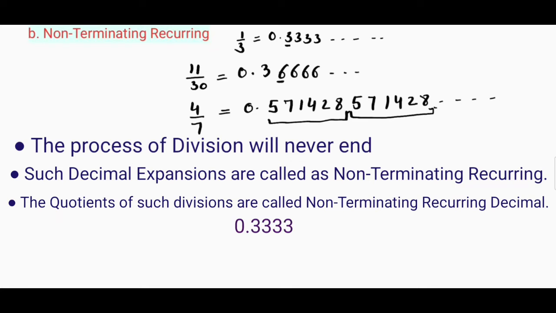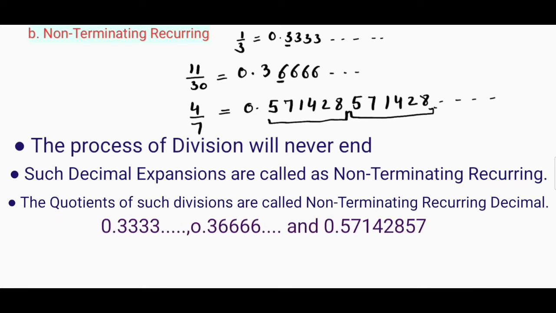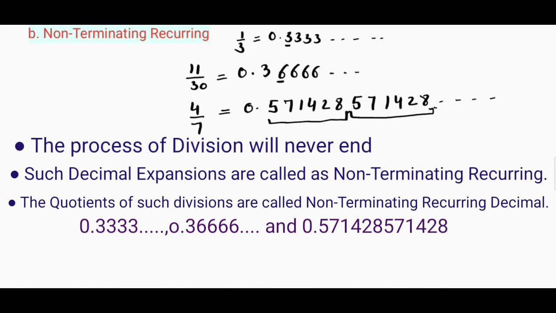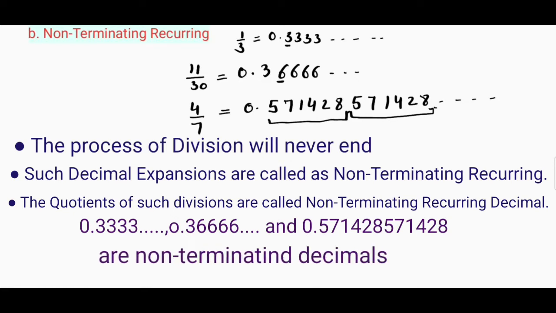So here 0.333, 0.3666 and 0.571428 are non-terminating recurring decimals, and we can represent these simply by putting a bar on the repeating digit.